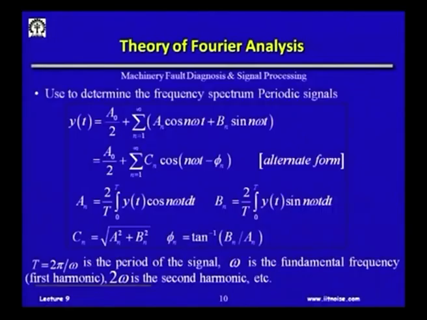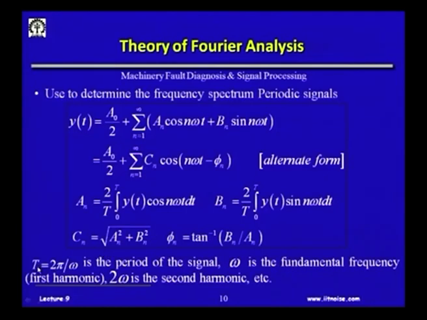And then we have a serious problem here. The real world machinery signal which I measure, I do not know its y(t). I cannot represent it in a mathematical expression. If I was able to represent it mathematically, I could very easily find its a_n's and b_n's by doing this integration, and that is a problem. We will see how we can overcome this.